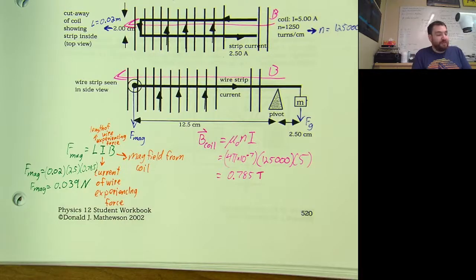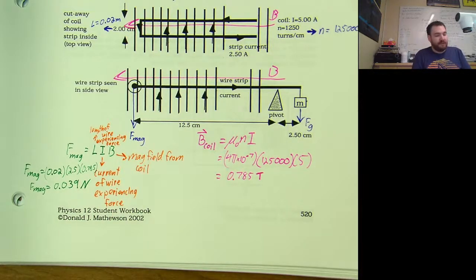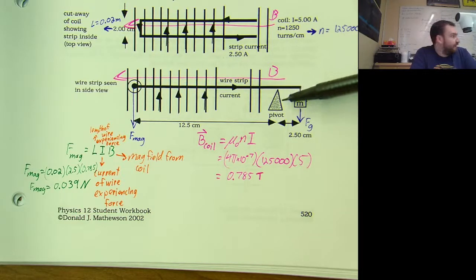So now to find the mass required to balance this thing, that's part A. Whenever you hear the word balance, you should think equilibrium. When you think equilibrium, you've got three options. Forces up equals forces down, left equals right, and the sum of my torques equals 0, or torques clockwise equals torque counterclockwise. This thing is resting on a pivot.